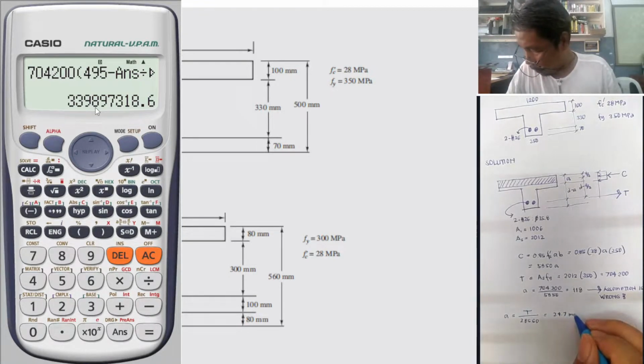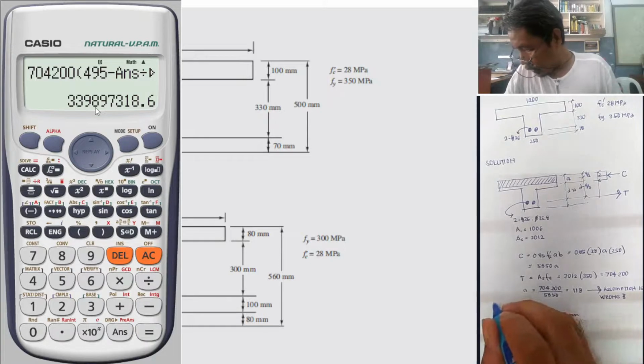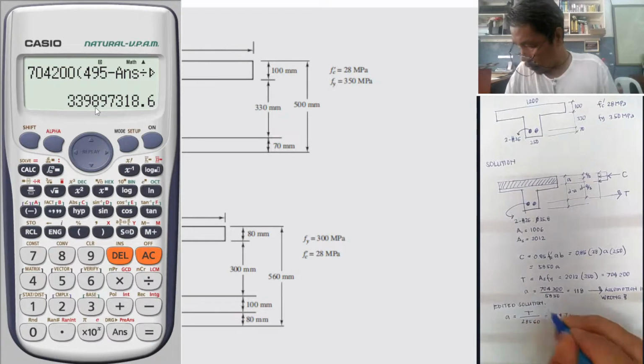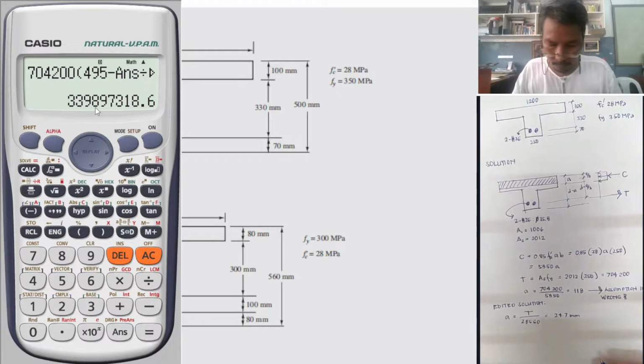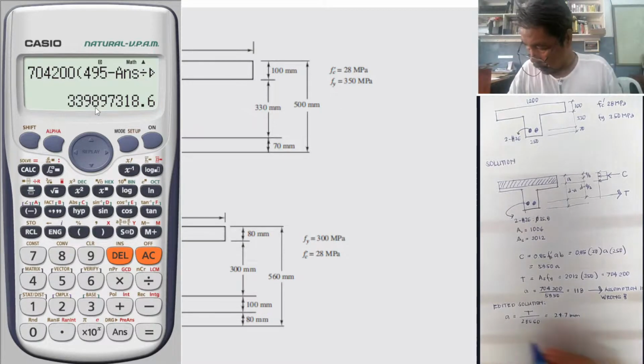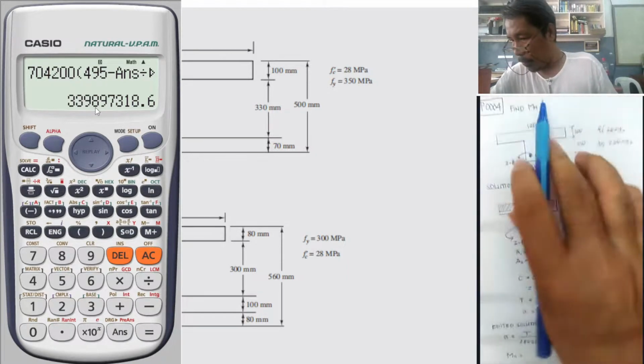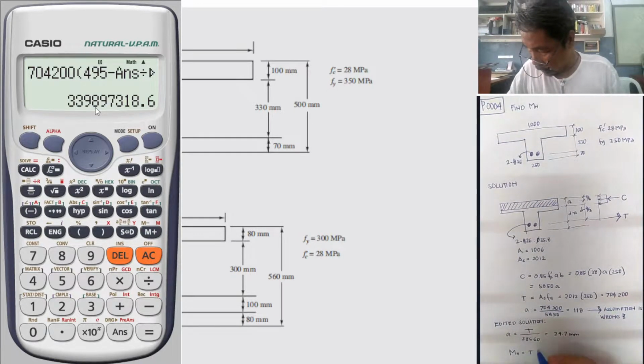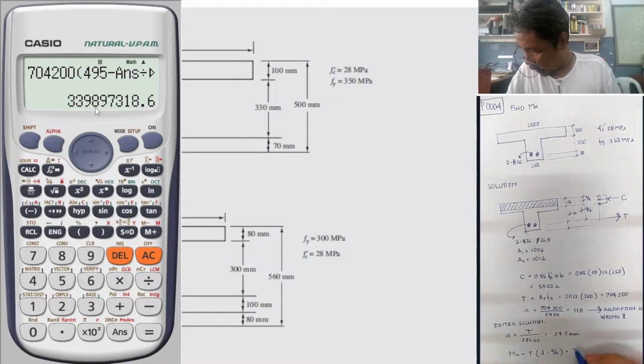So let us do this edited solution. Okay. So from the first assumption. So Mn, this is the correct problem, problem number 4. So T is 704,200.